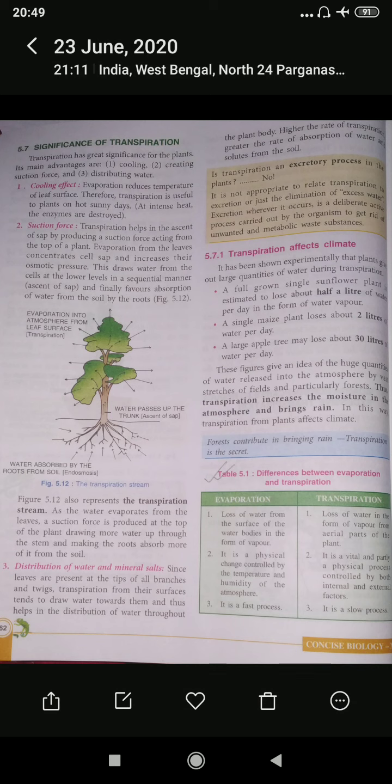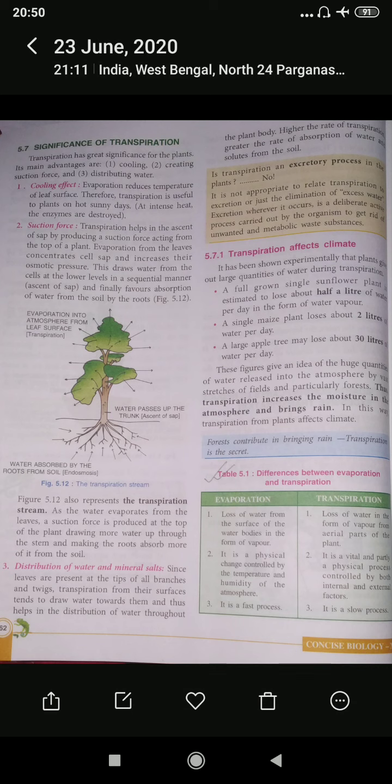It also helps in distribution of water and minerals throughout the plant, as the leaves are situated at the top and tend to pull the water towards them, thus distributing it throughout. And transpiration also plays an important role in the water cycle.